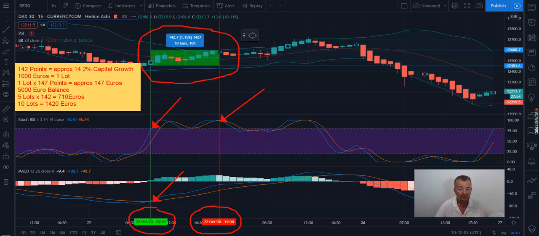And if you look across here to the right hand side on this blue line, you'll see that the DAX at that particular time was 12,451. Okay, and we closed that trade where the RSI crossed the indicator there, suggesting a downward trend and that the upward trend was coming to an end.